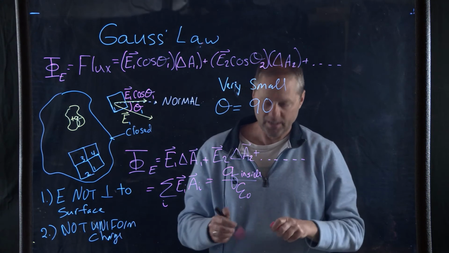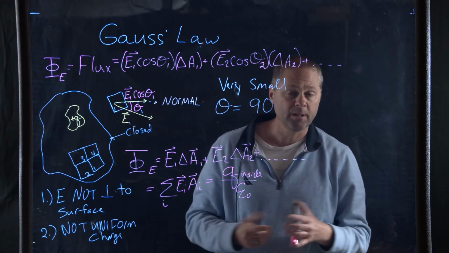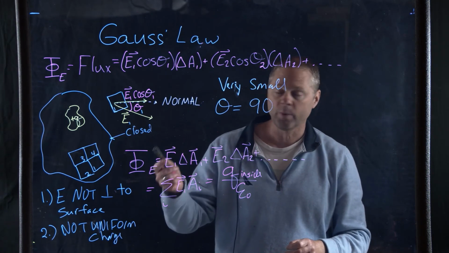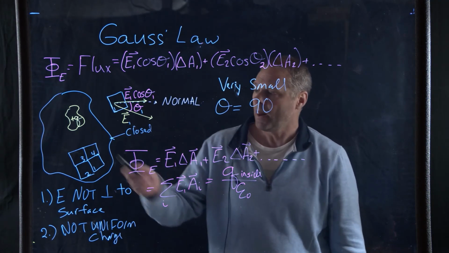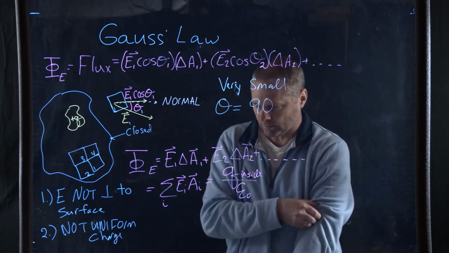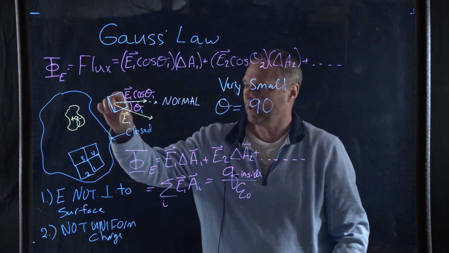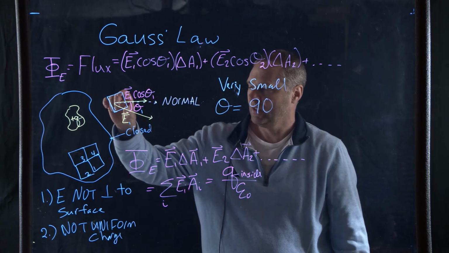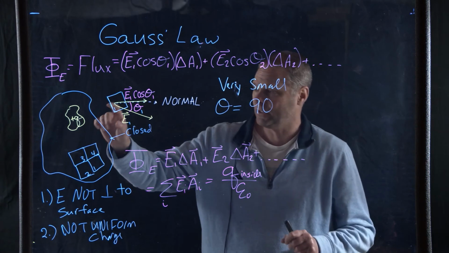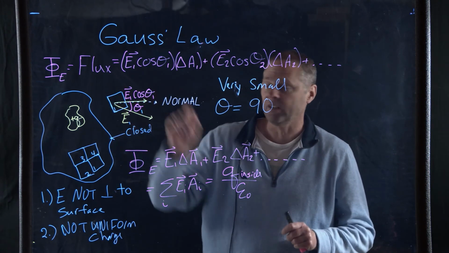So what we've done is make what was once a very difficult problem into something much easier. We introduced the electric flux, we chose whatever surface we wanted, so long as the surface is closed, and we broke down the electric field as such.